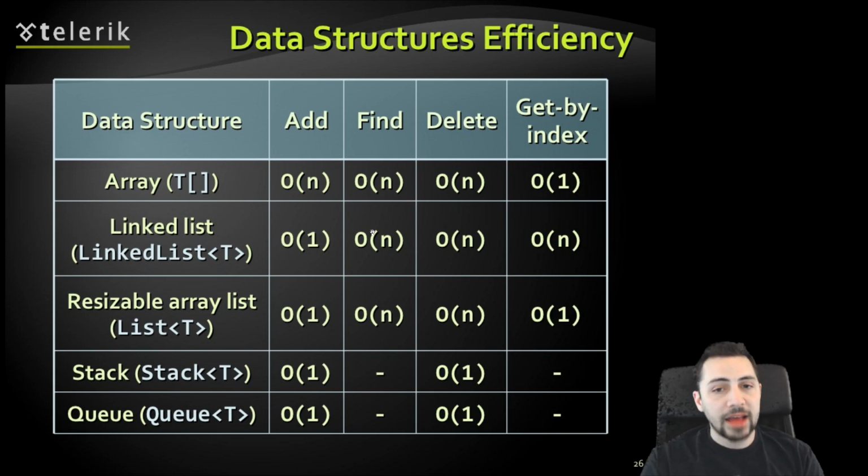But when you try to add something or find something or delete something from that, its asymptotic complexity is big O of n. Trying to add with an array is O of n because it actually has to copy all of the elements over and then add one. So it's really n plus 1, and in big O notation we say that's just n.